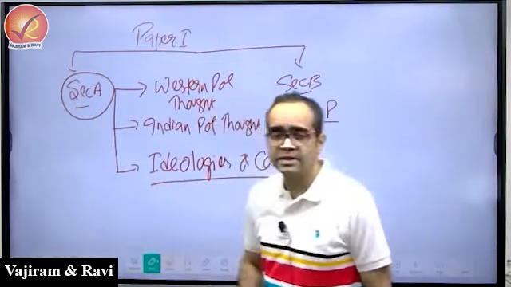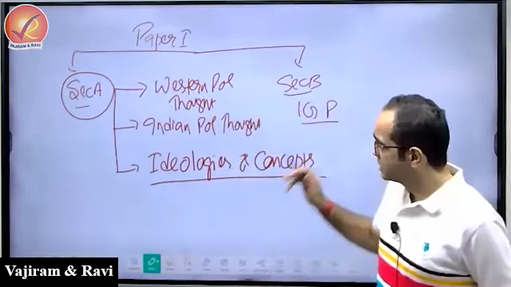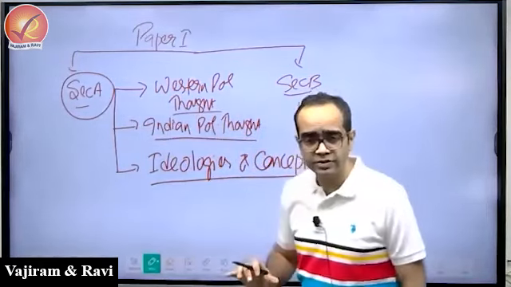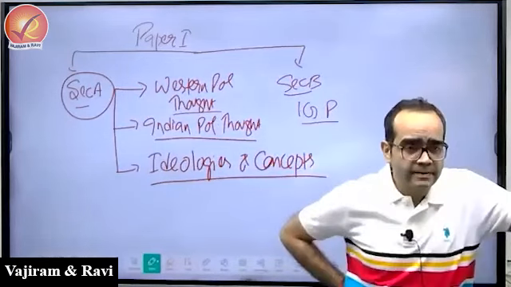That's what we'll be discussing here. If I had to divide it into three main sections: Western political thought, Indian political thought, and ideologies and concepts. Please refer to your syllabus.